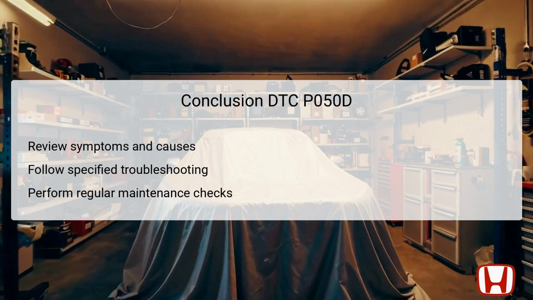The troubleshooting process outlined provides a structured approach to accurately diagnosing and fixing the issue, emphasizing the importance of checking multiple components, such as the intake air duct, air cleaner, MAF sensor, and IAT sensor. Performing regular maintenance checks is crucial for preventing such issues in the future. By adhering to these guidelines, vehicle owners can maintain optimal performance and longevity of their Honda CRV models from 2017 to 2022.